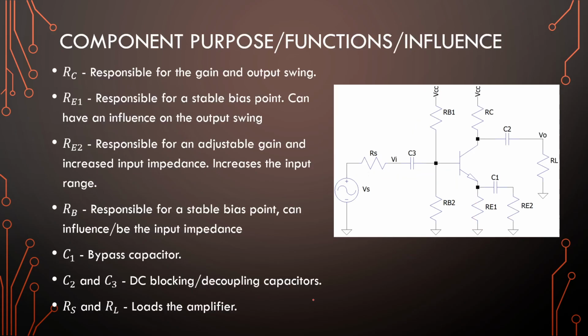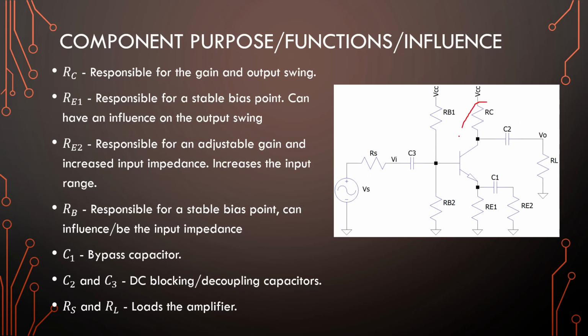Okay, now for you to be able to design properly, you need to know the purpose of each component. So I took the split emitter here because if we remove this resistor right here, which is only 1 point, we basically have the other amplifier in any case.